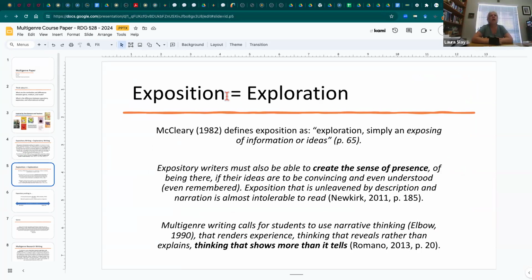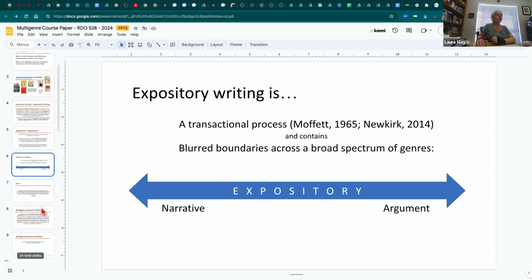Montaigne was a French writer who wrote expository writing in tomes. They were huge books, but he was very famous for his essays, and they were all expository because all he was doing was sharing his thinking about philosophies of life and all of that sort of thing. And his essays, I think that's where this term really comes from way back when. We just talked about it being on a spectrum.